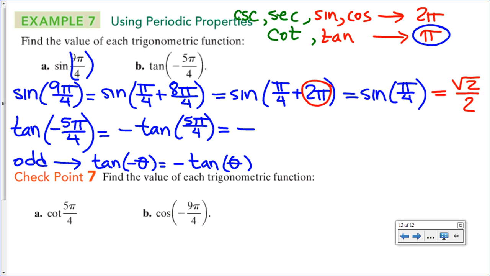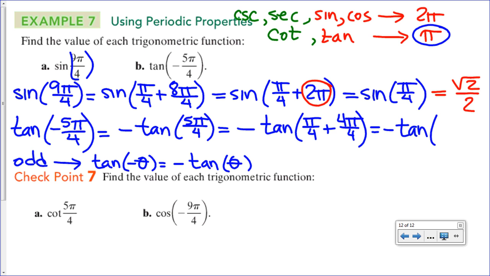So what I need to do is break this angle so that I have pi over 4 plus 4 pi over 4, so that I can show the repeating period, which is pi. Now, if you notice, I have not lost track of this negative sign here.